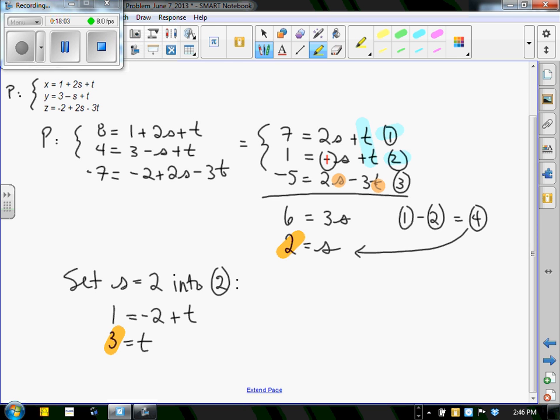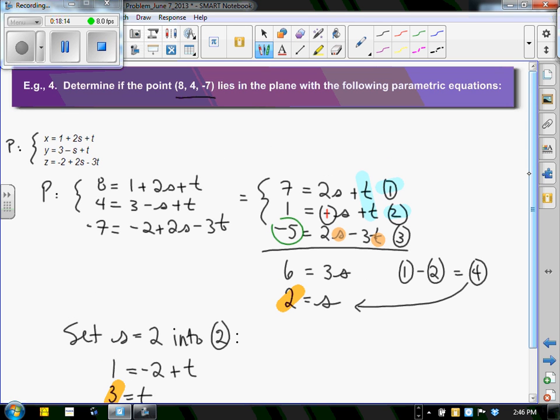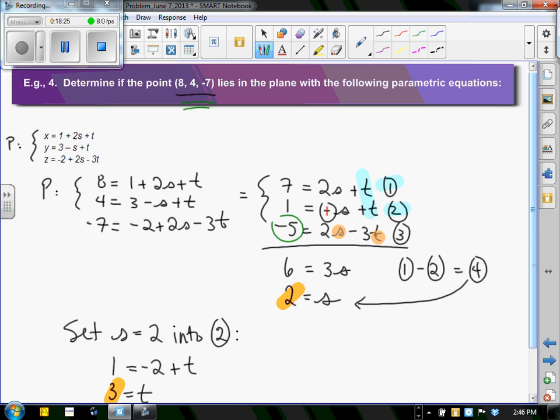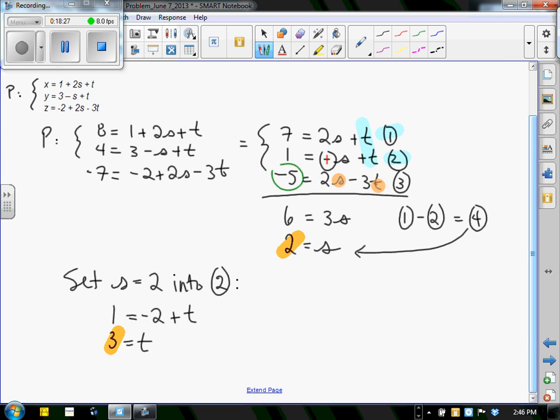If it turns out that we end up with a solution of minus 5, then that means that the point right here, 8, 4, minus 7, is on the plane because it is able to satisfy each of the parametric equations given the values of s and t. So let's go ahead and do a substitution.